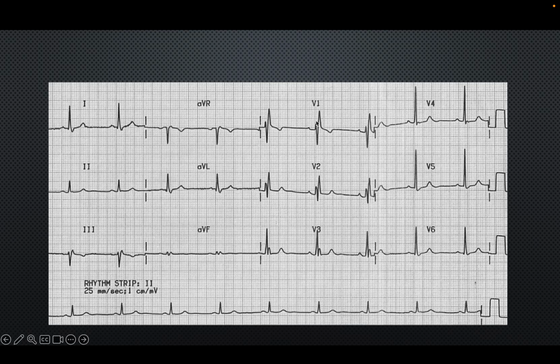But that's why you really need the 12 lead ECG. And you can see this right bundle branch block right away. Inverted T wave, pretty common. Sometimes you'll see this in AVR as well, but you really see it in the chest leads, the first three.